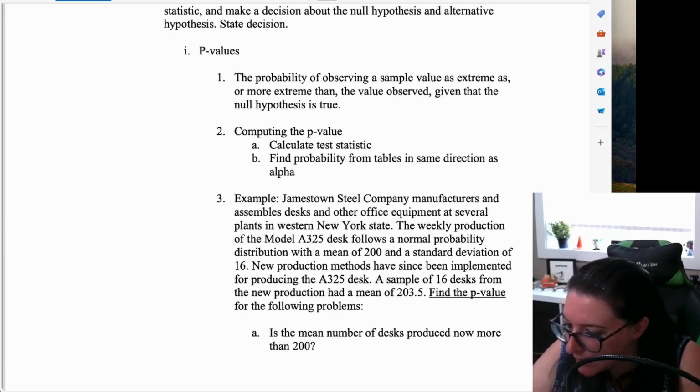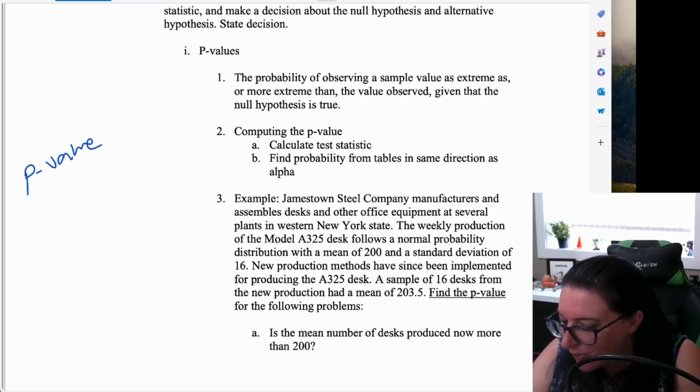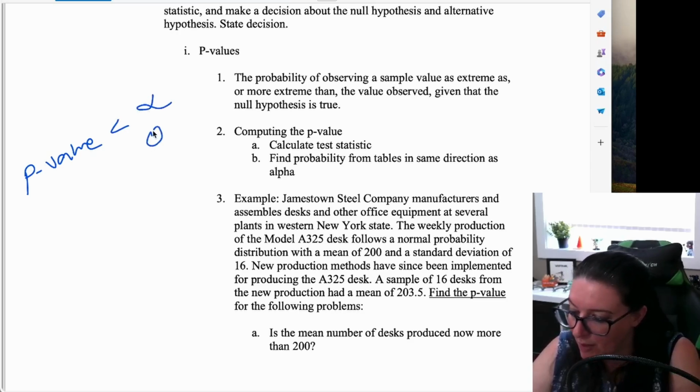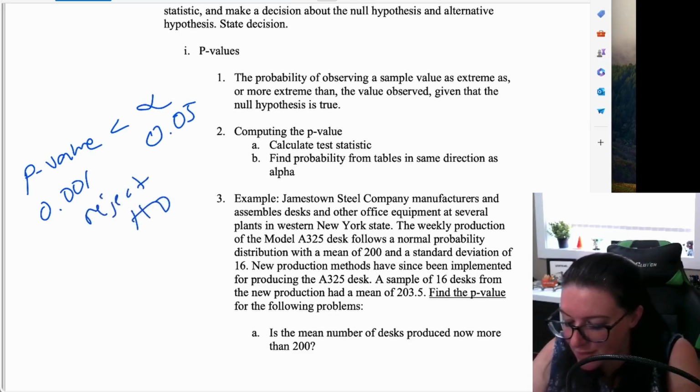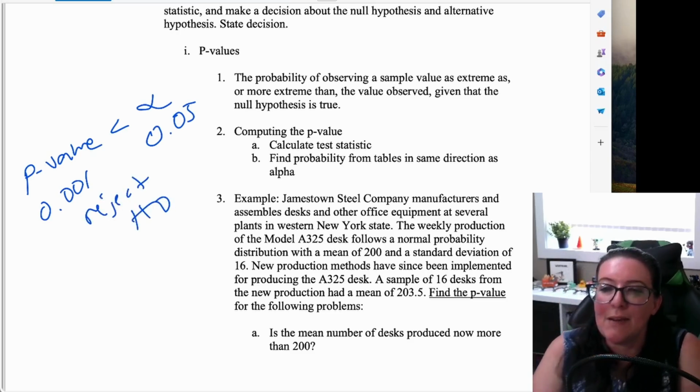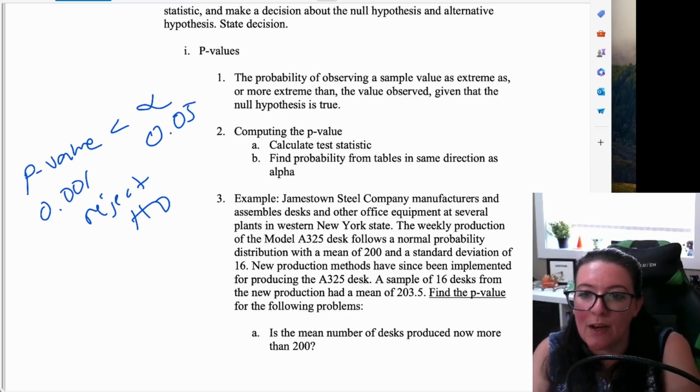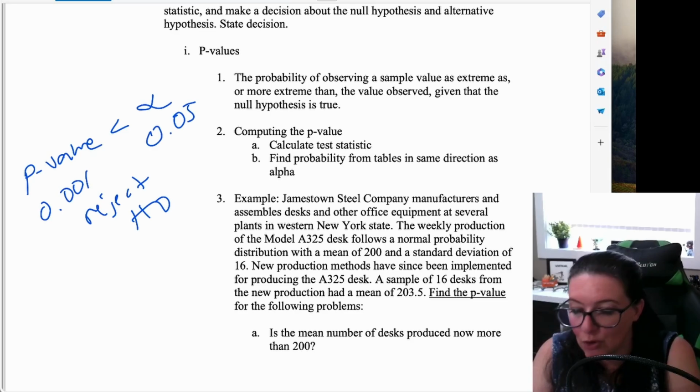So if you end up with a p-value that is less than alpha, so maybe our alpha is 0.05 and we come up with a p-value that is 0.001, then we will reject the null hypothesis. Okay? If our p-value is greater than alpha, then we fail to reject the null hypothesis.